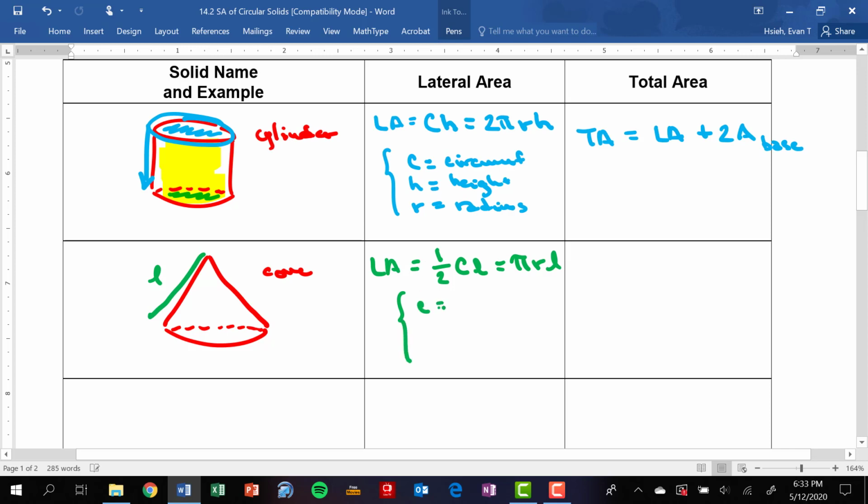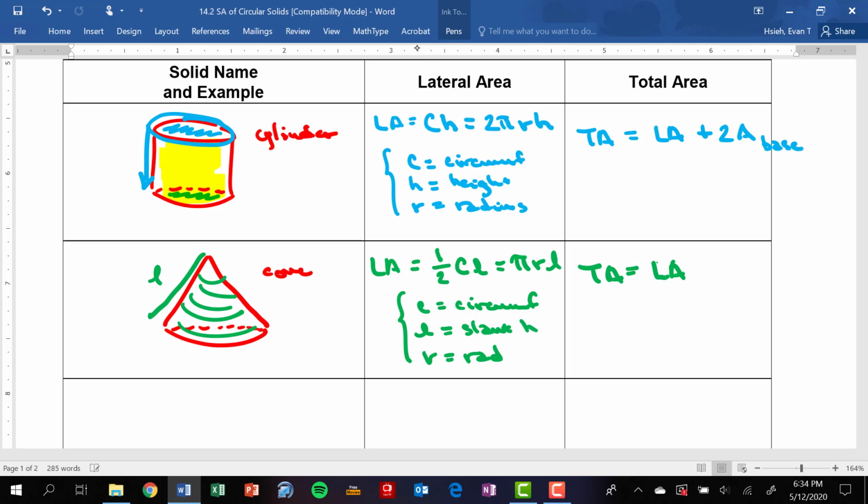So C stands for the circumference again. This scripted L is the slant height. And again, the R stands for the radius. And so when we're looking for the total surface area for a cone, I'll take that lateral area, which is basically this portion right here, which does not include this part on the bottom, which is our base.